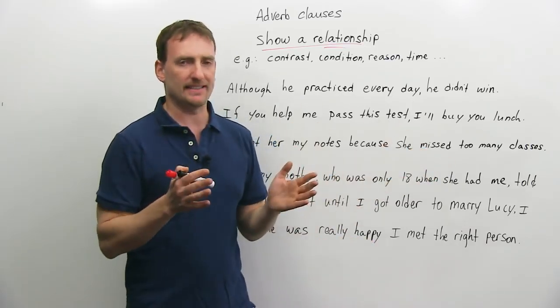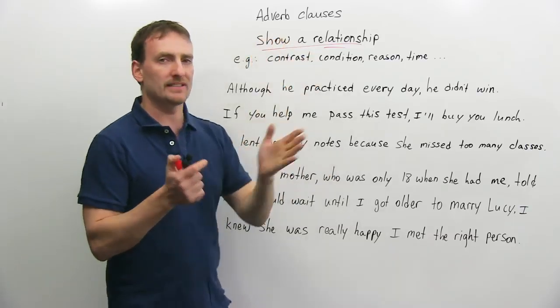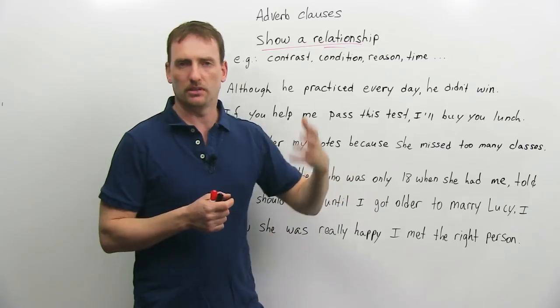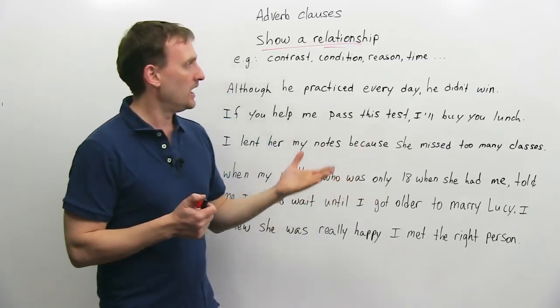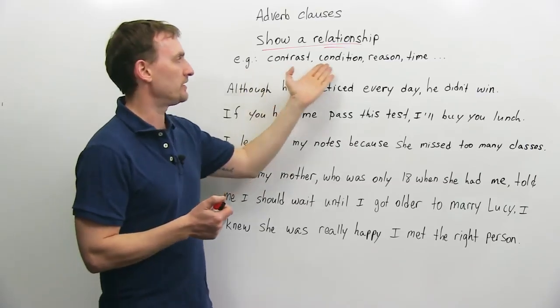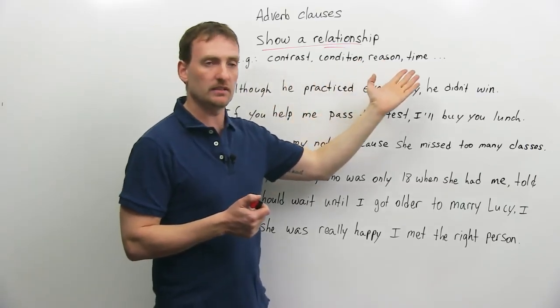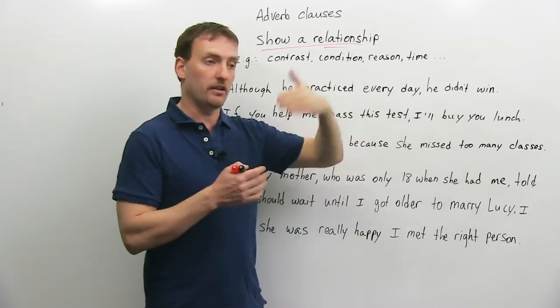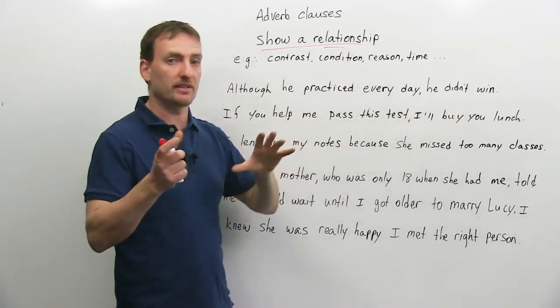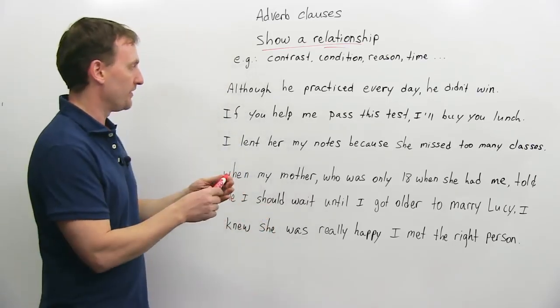It never stands by itself, right? So an adverb clause has a relationship with whatever clause it is attached to, usually the independent clause. What kind of relationships? Well, here are some examples. There's a contrast, there's condition, there's reason, there's time. Okay, there are others as well, but we're just going to look at a few just to get an example of the types of relationships you might have.